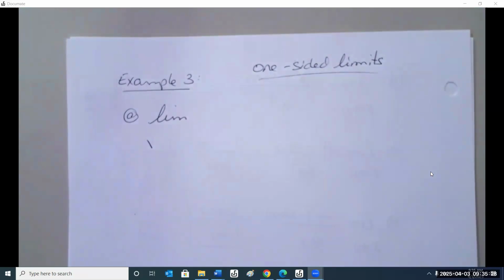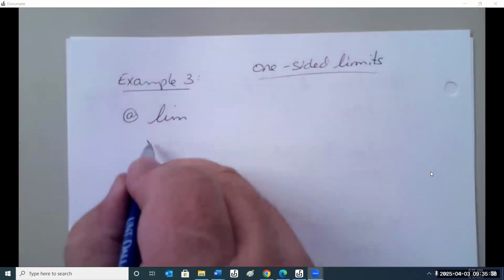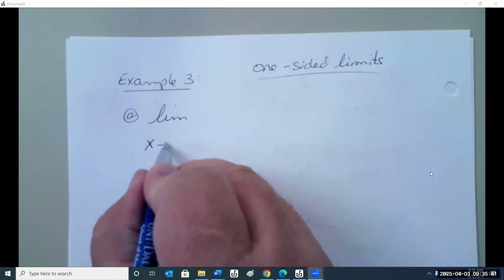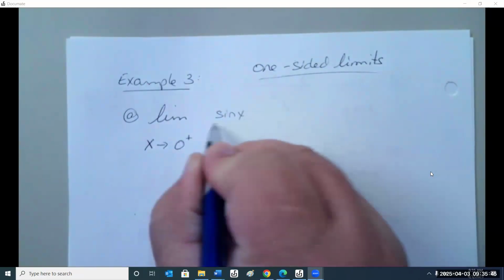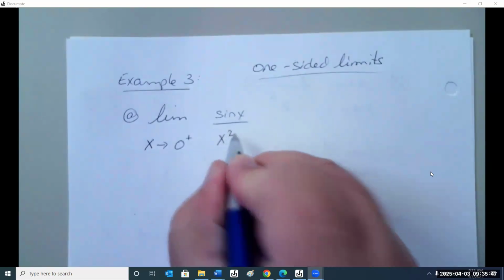Because remember, we looked at everything that dealt inside the open interval. What about looking at endpoints? Whenever you look at endpoints, you're looking at one-sided limits. So we're looking at x approaches 0 from the right of sine x over x squared.